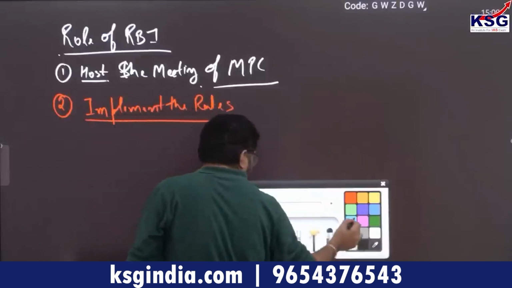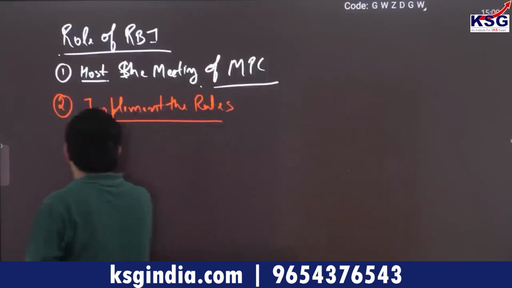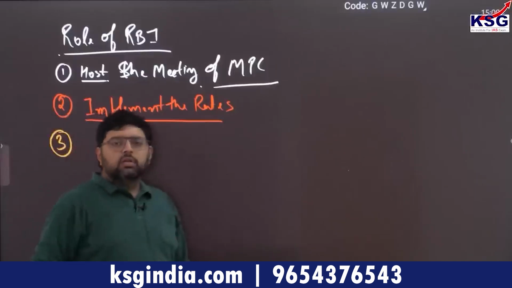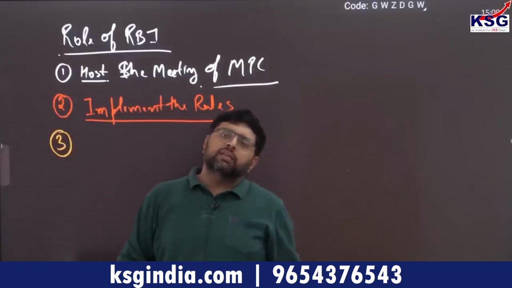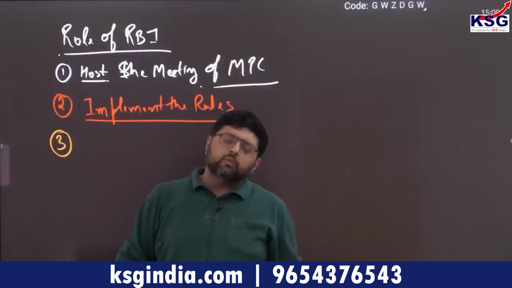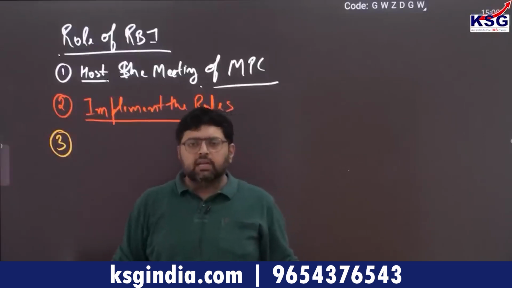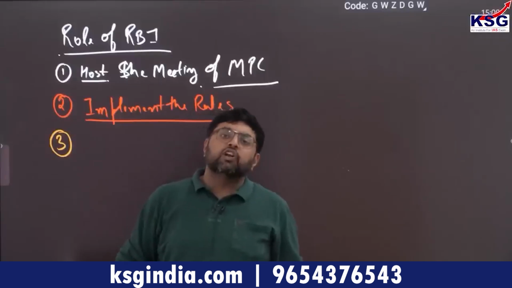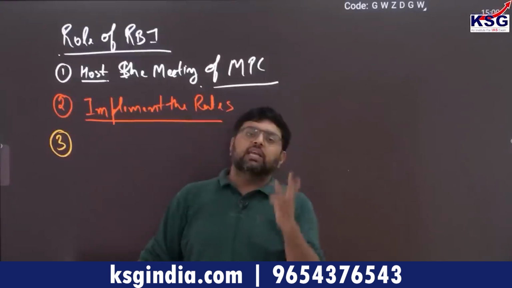And number 3, suppose we are not able to achieve the inflation target, which is currently 4 plus minus 2%, or there is a failure, and that is continuously for 9 months, or you can say 3 quarters.